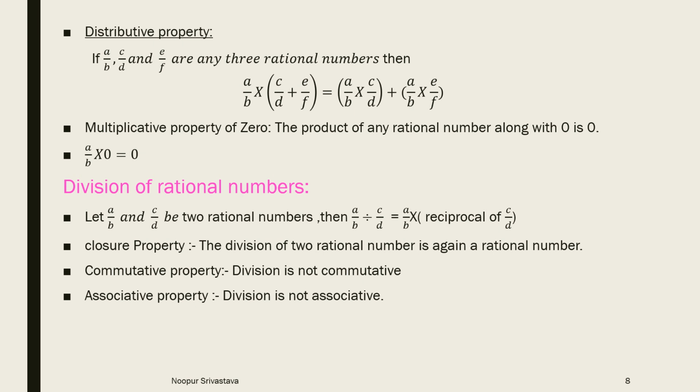Okay. Then the next that we are going to discuss about rational numbers is the properties of its division. Let A by B and C by D be any two rational numbers.